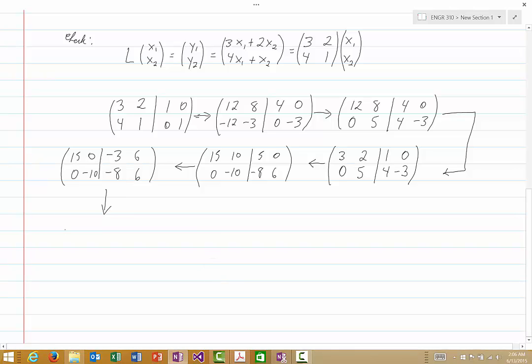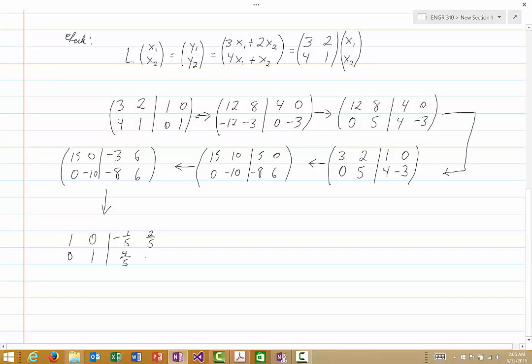And now let's divide the top row by 15 and the second row by -10. And so what will happen, we'll get 1, 0. Remember, we're dividing the top row by 15. So -3 divided by 15 is -1/5. And 6 divided by 15 is the same thing as 2/5. And then dividing the second row by -10, we get 0, 1. And -8 over -10 is 4/5.